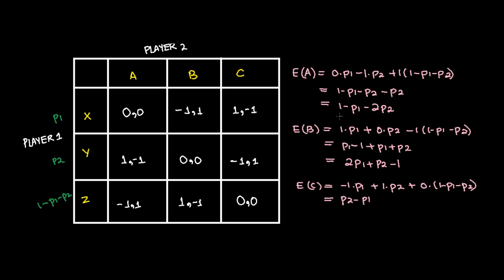Simplify this and you get 1 minus P1 minus 2P2. EB is going to be 1 times the probability that player 1 plays X, 0 times the probability that player 1 plays Y, and minus 1 times the probability that player 1 plays Z. Similarly, EC you get P2 minus P1.